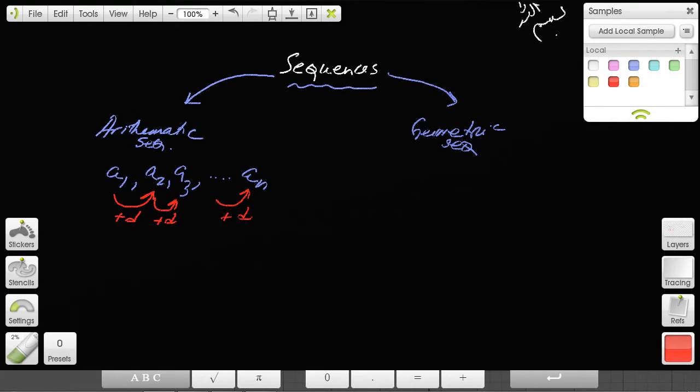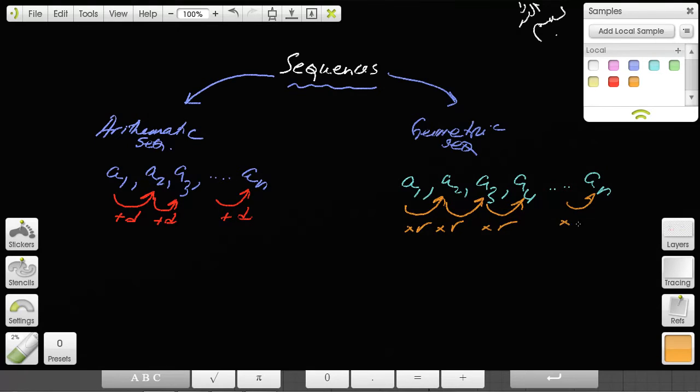In geometric sequences, you're multiplying by a common ratio. So this is called a common difference, and that's called a common ratio. Those terms you should be very familiar with.